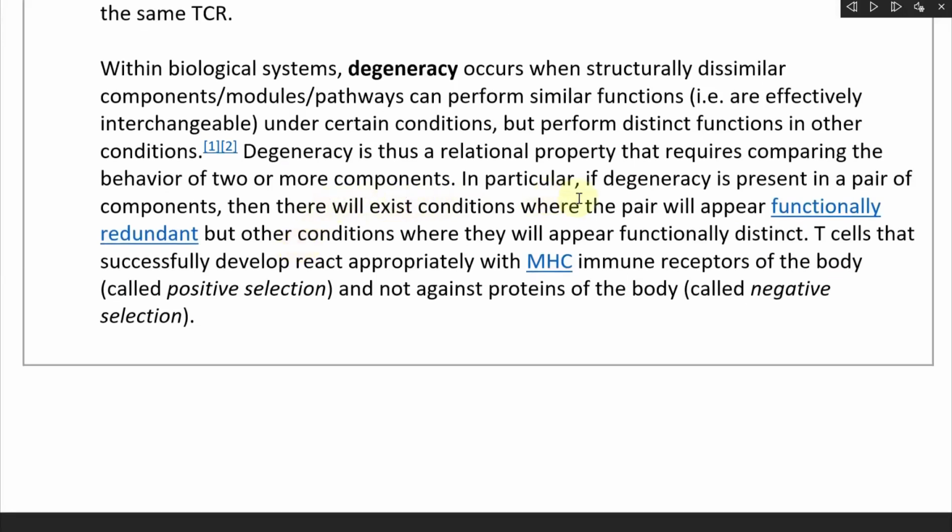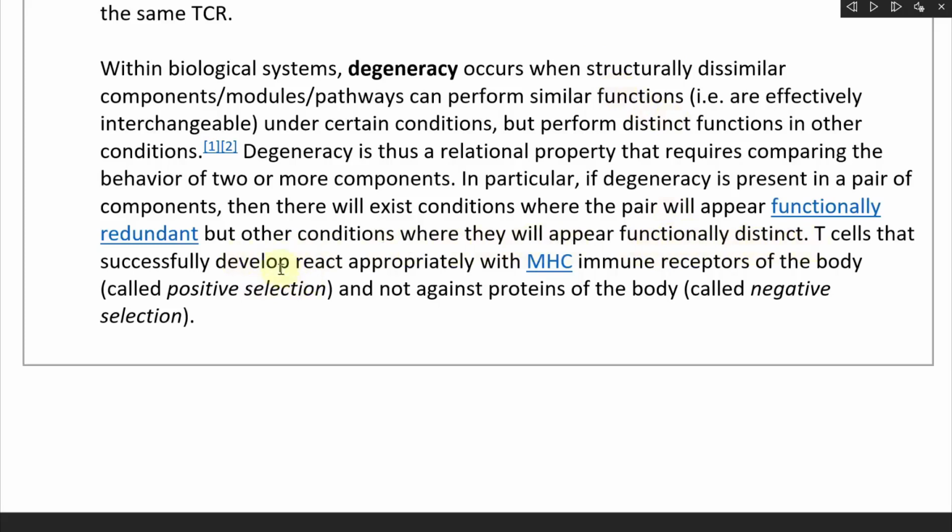In particular, if degeneracy is present in a pair of components, then there will exist conditions where the pair will appear functionally redundant, but other conditions where they will appear functionally distinct. So basically, it's a setup where different components can perform similar functions, but under other conditions they appear functionally distinct.